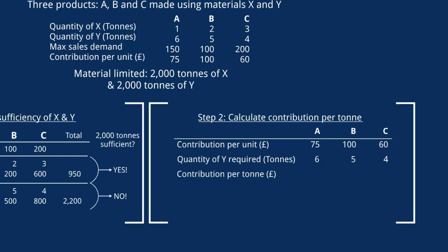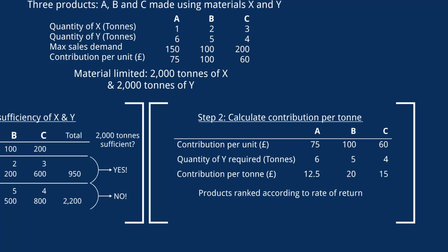To find the contribution per ton, we take the contribution per unit and divide it by the tons needed. So for product A, that is £12.50 contribution per ton. For B, that's £20 contribution per ton, and for C, £15 contribution per ton.